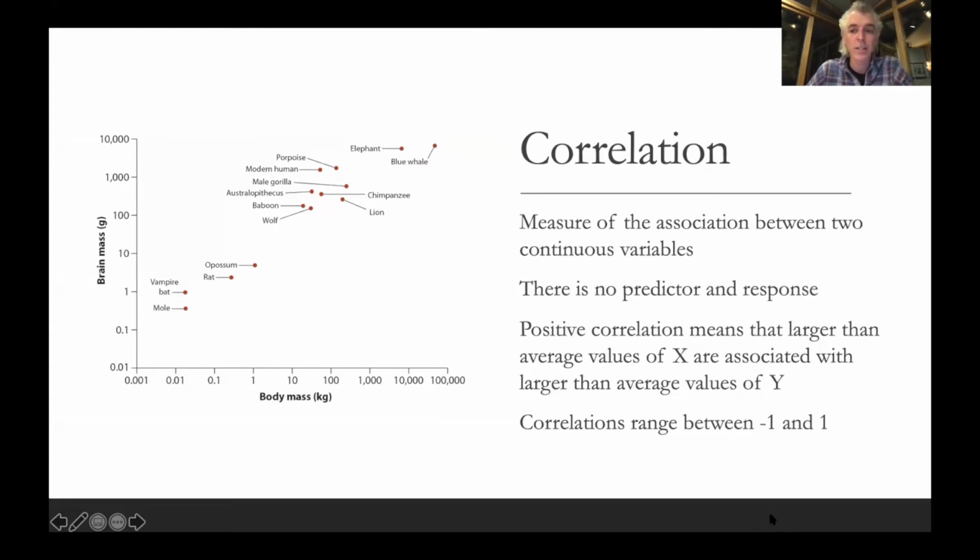Positive correlations simply mean that larger than average values of one variable are associated with larger than average values of the other variable. And in this way, correlations range between -1 and 1, where a correlation coefficient of -1 means that the two variables are perfectly negatively correlated, and a correlation coefficient of +1 means that the two variables are perfectly positively correlated.